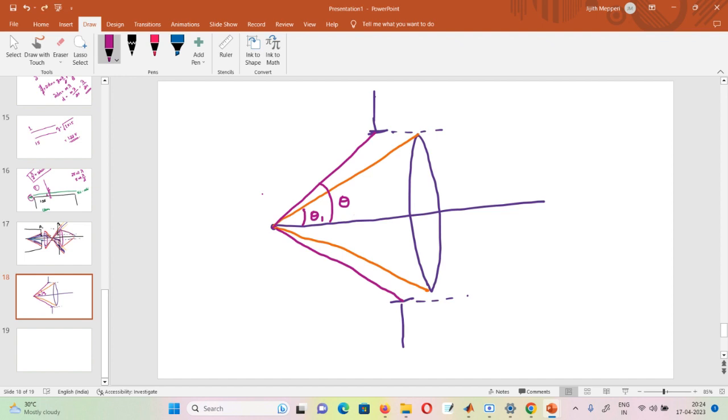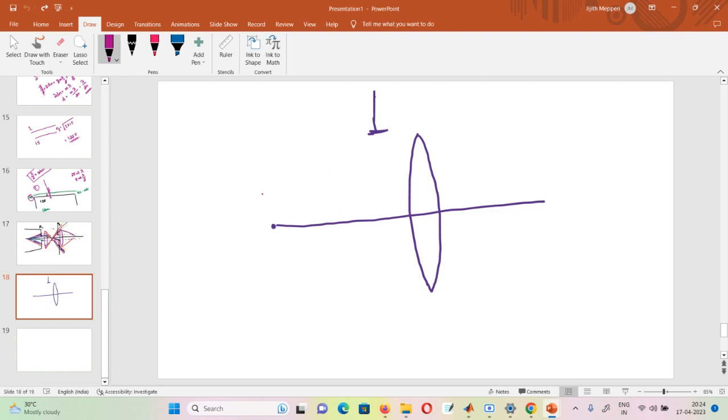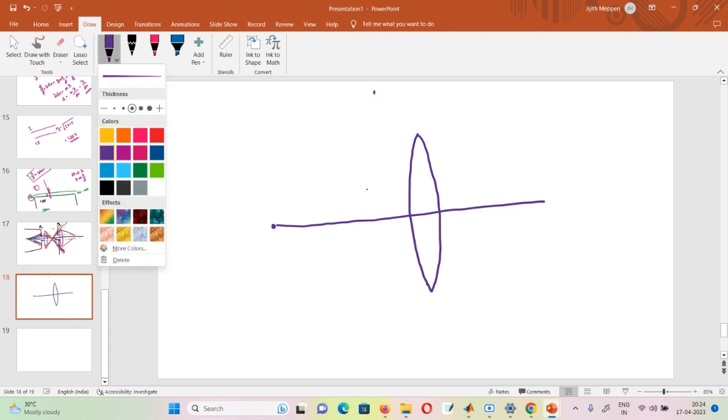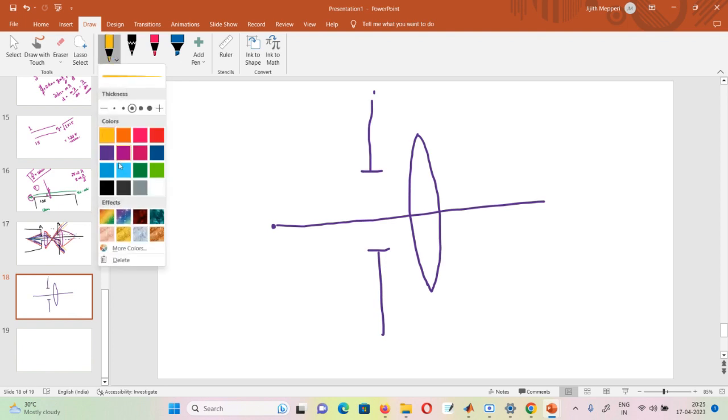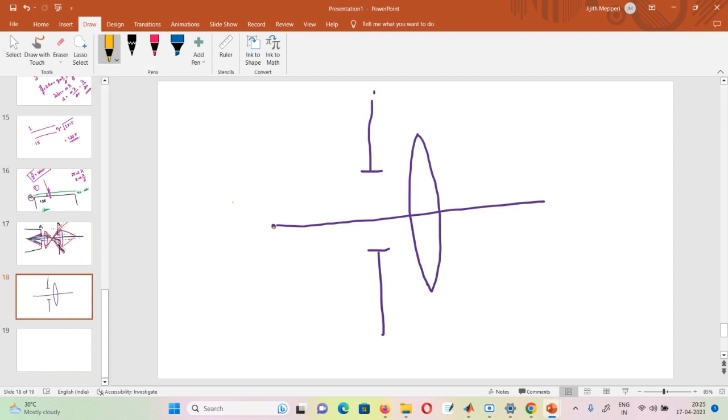Yes, sir. Yeah. Now just think that I am reducing the diameter of that particular aperture. Now, which will be the aperture stop? Physical aperture. Yeah. Why? If there is no physical aperture here, the lens will make this much bigger angle.